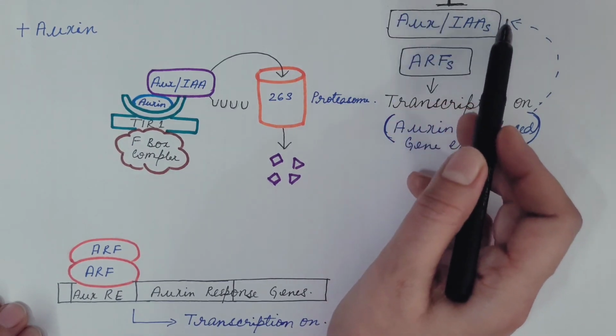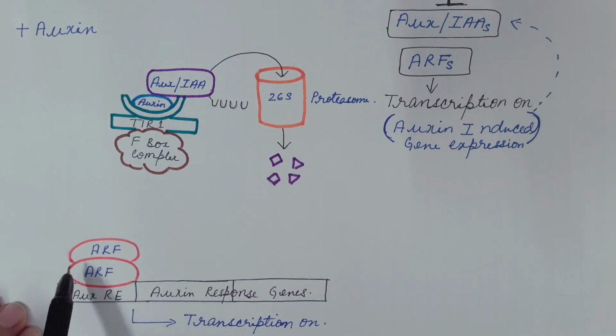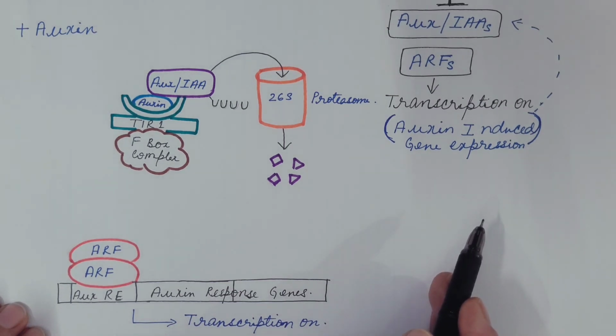So when it is encoded, this inhibitor comes and binds with the transcription factor and suppresses its activity. So it creates a negative feedback regulatory system, and in this way it is regulated.